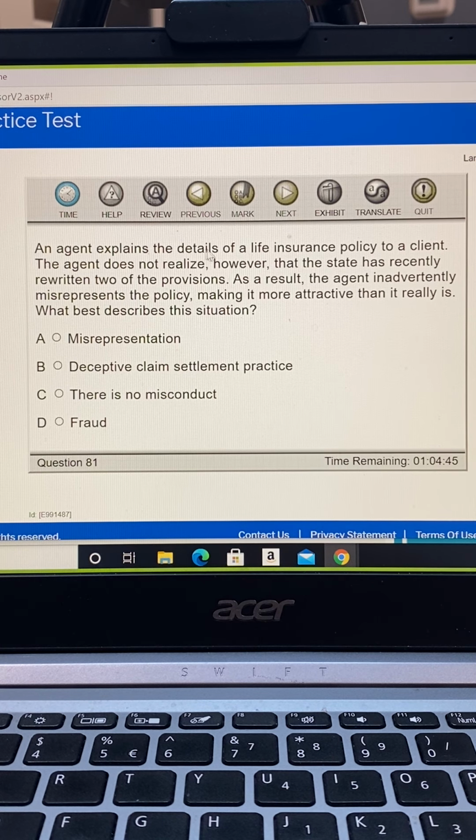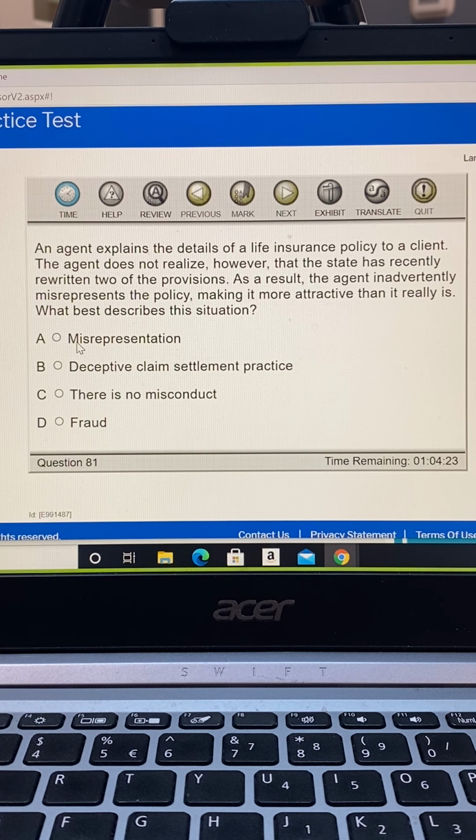An agent explains the details of a life insurance policy to a client. The agent does not realize, however, that the state has recently rewritten two of their provisions. As a result, the agent inadvertently misrepresents the policy, making it more attractive than it really is. What describes this situation? There's no misconduct.